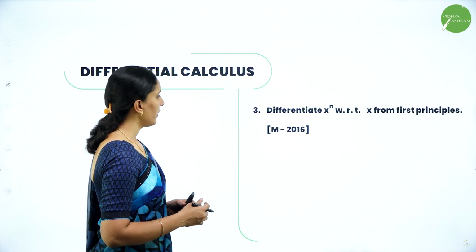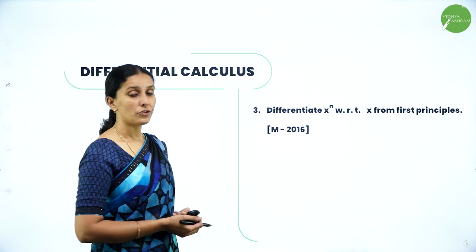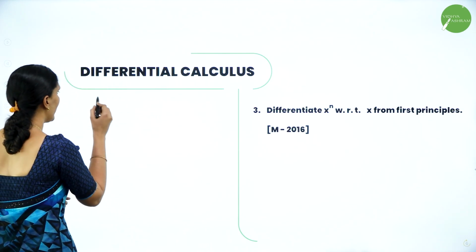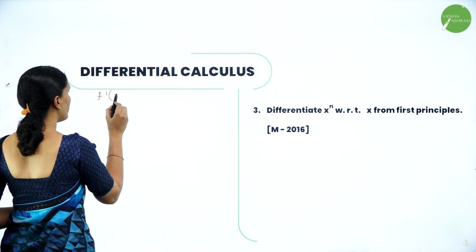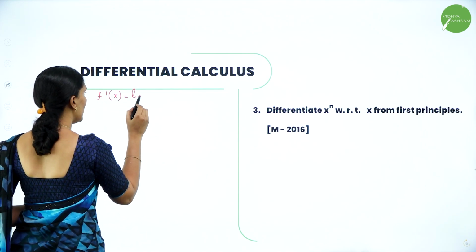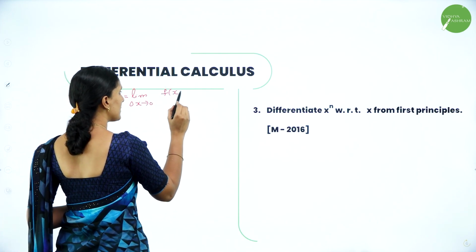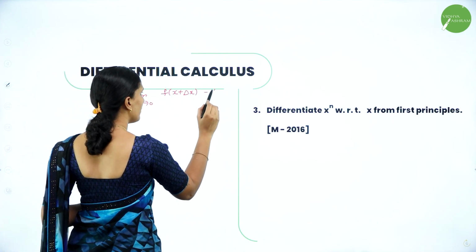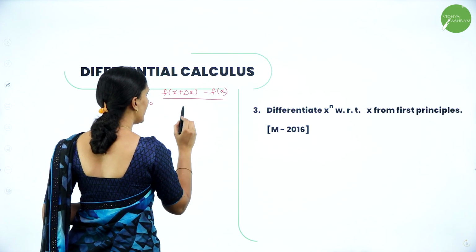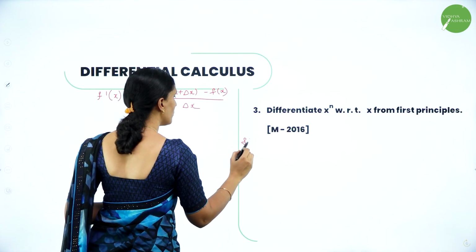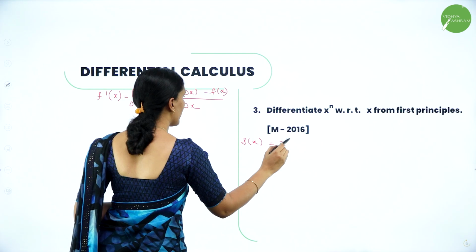Next we have: differentiate x to the power n with respect to x using first principle. So again we are going to write the definition of first principle, that is limit delta x tends to 0, f of (x plus delta x) minus f of x, whole divided by delta x. So here my function is x to the power n.